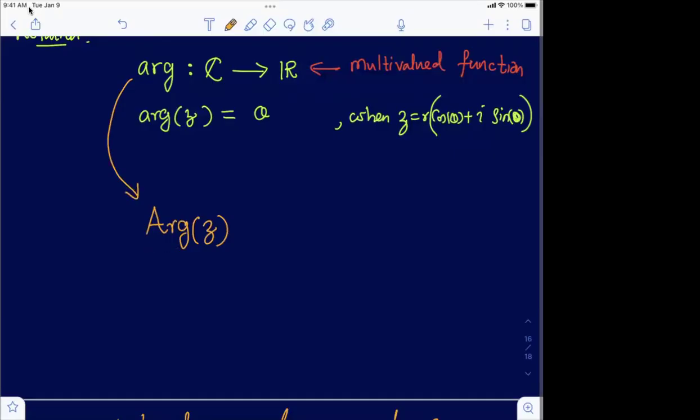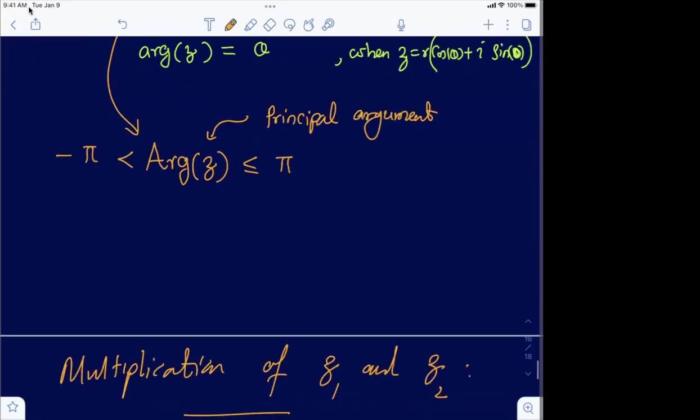We call this symbol the principal argument. This principal argument has the special property of being located between negative pi and positive pi, possibly including positive pi, but not negative pi.